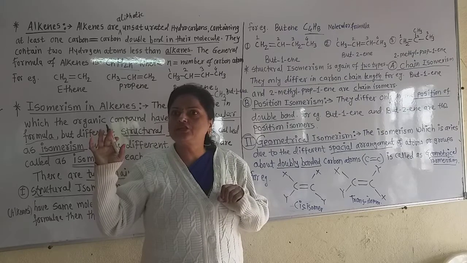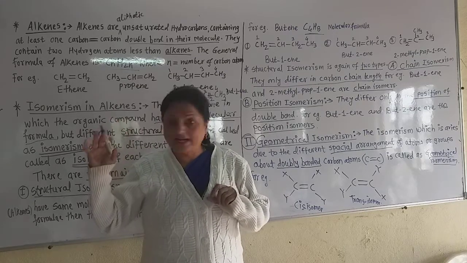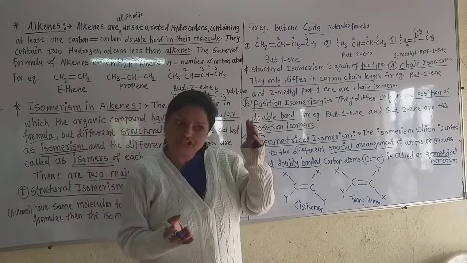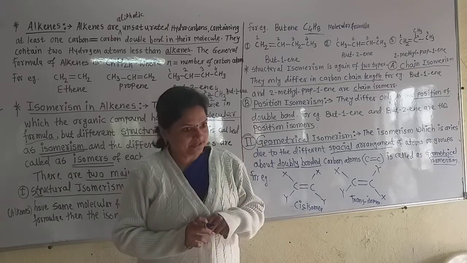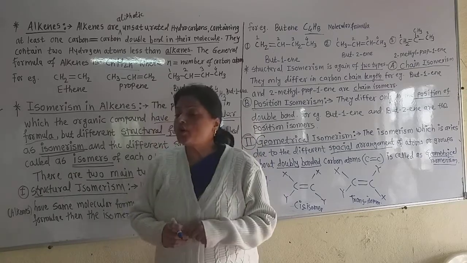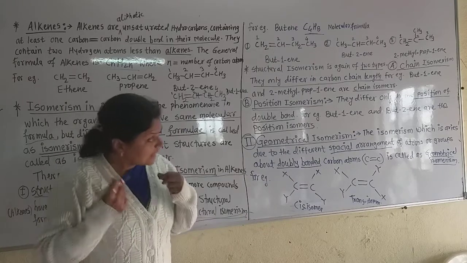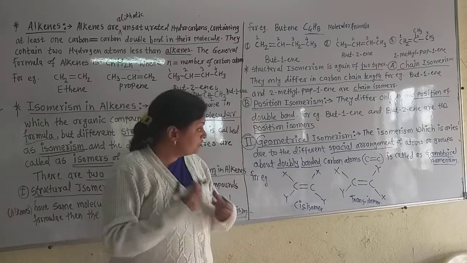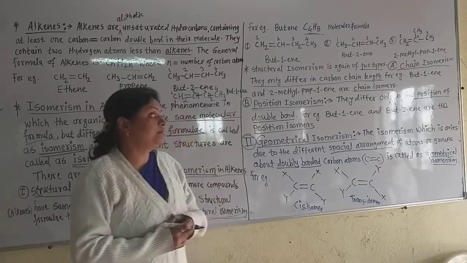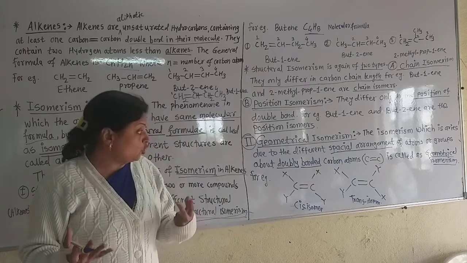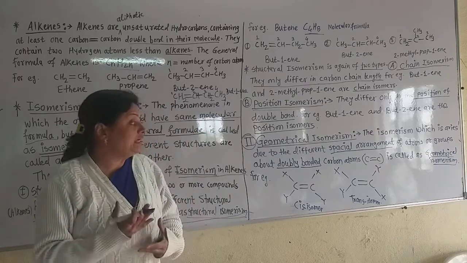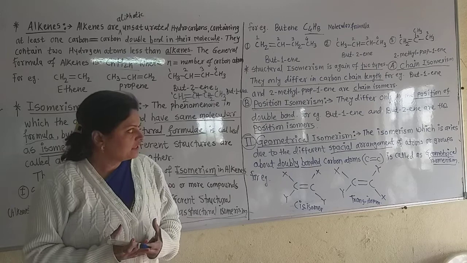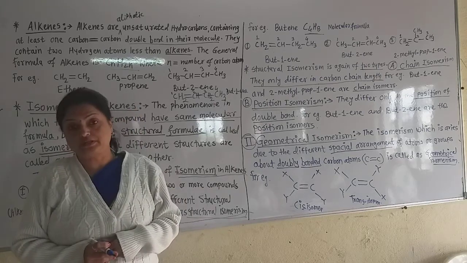What is geometrical isomerism? Give the types or explain geometrical isomerism. This type of question may be there in the examination. So what is the definition? The isomerism which arises due to the different spatial arrangement of the atoms or groups about the doubly bonded carbon atoms is called geometrical isomerism.